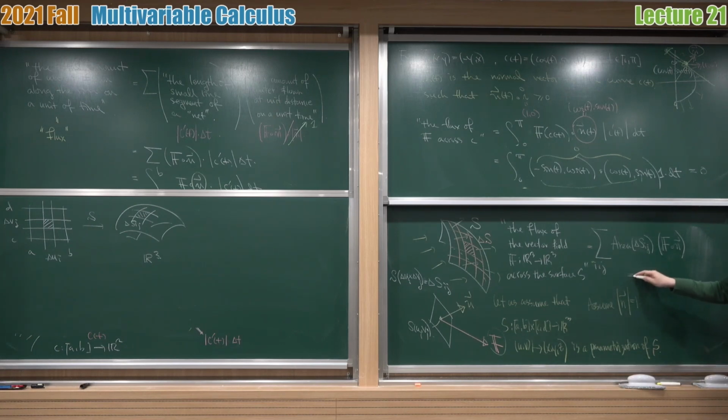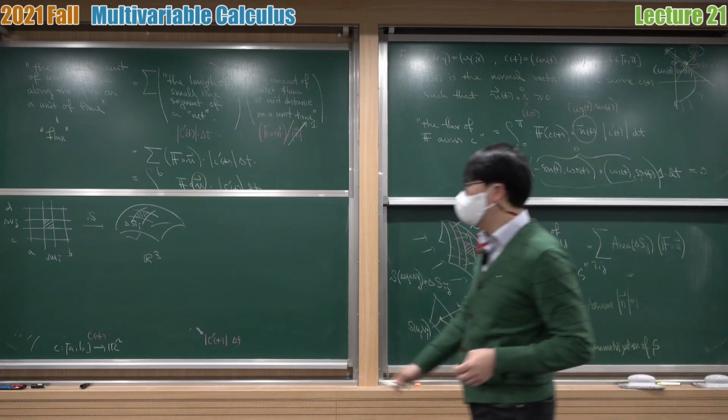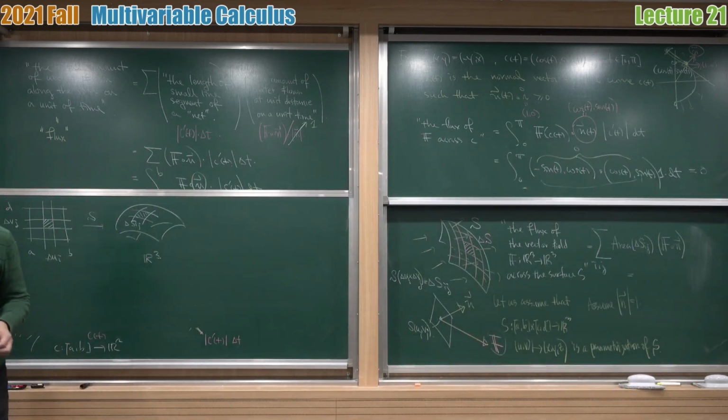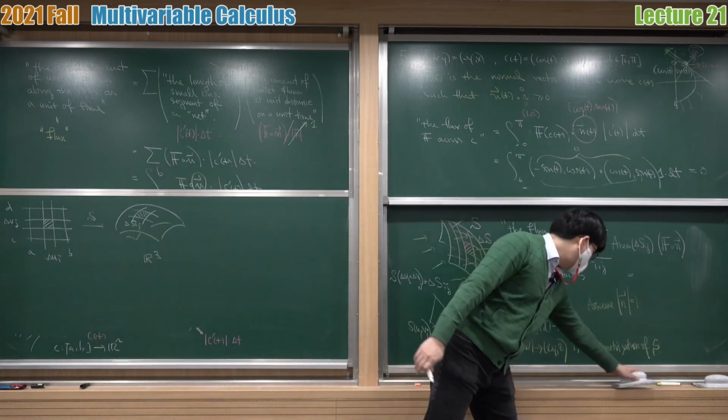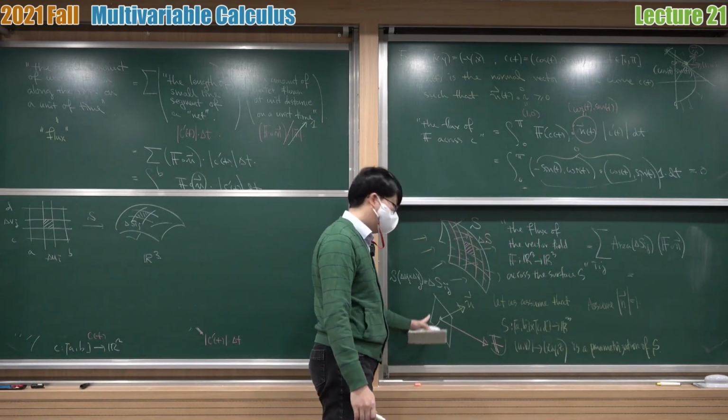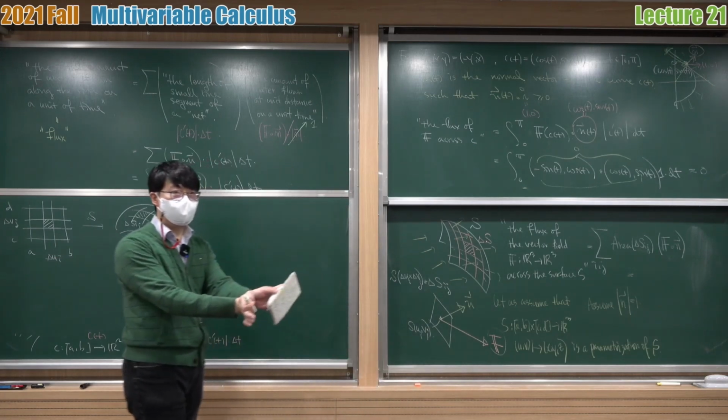So how do you take the area of delta Sij? We've actually done this before in a surface integral of a real-valued function. Delta Sij looks like, almost looks like a parallelogram bounded by two vectors.